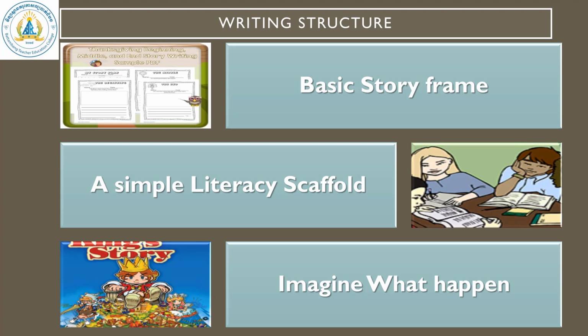A simple literacy scaffold. This literacy scaffold is for struggling writers, especially those for whom English is a second language. 1. Have the students listen to "These Are a Few of My Favorite Things" from The Sound of Music. 2. Have them recall the singer's favorite things as they are listed on the board. 3.